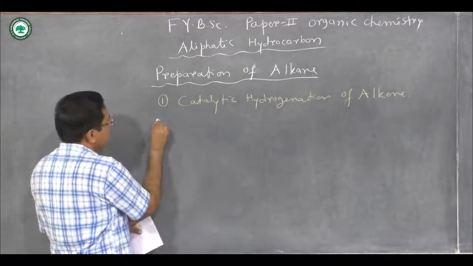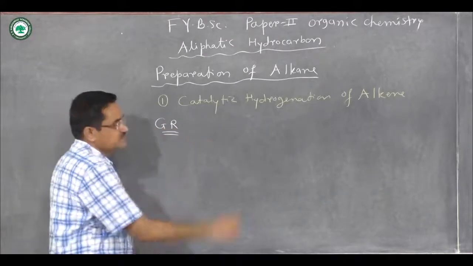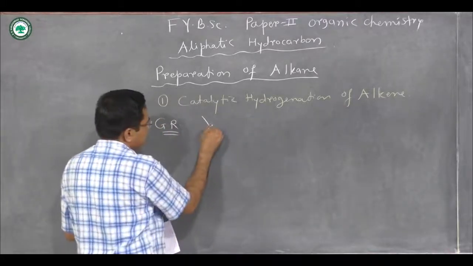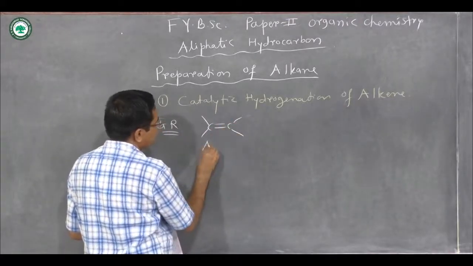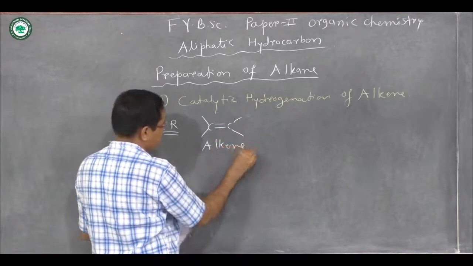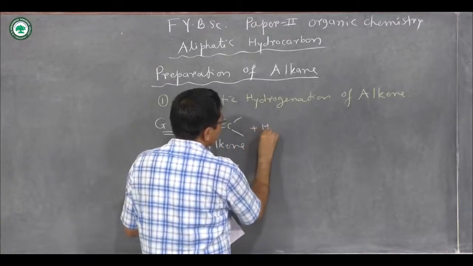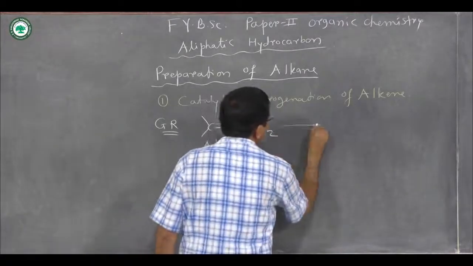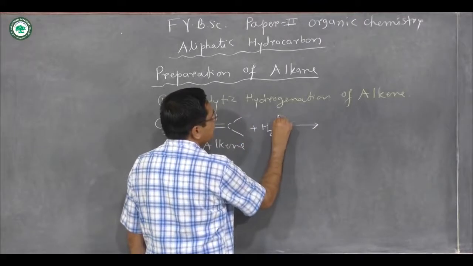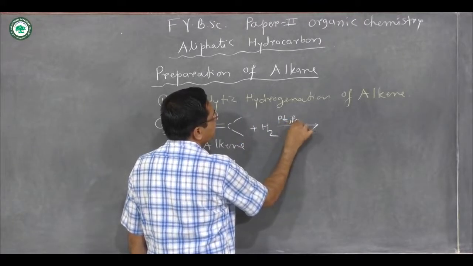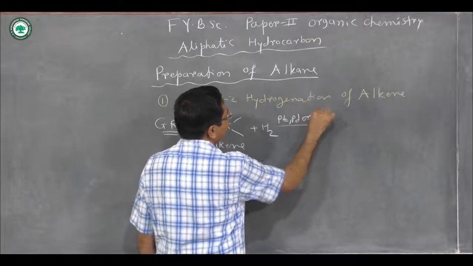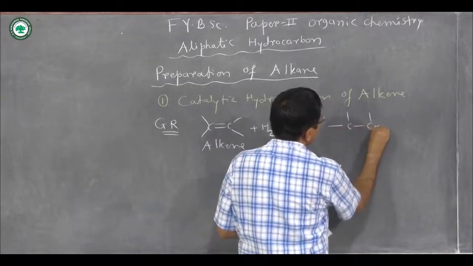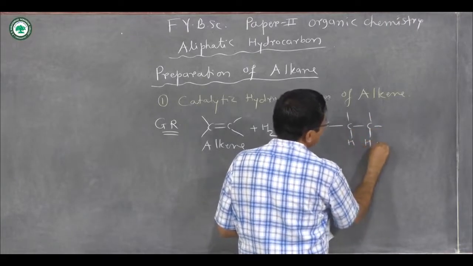First of all, we will see the general reaction. Now here, alkene, when treated with hydrogen gas in presence of various metal catalysts like Pt, Pd or nickel, gives alkane.